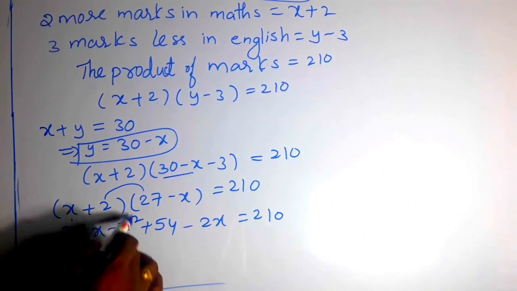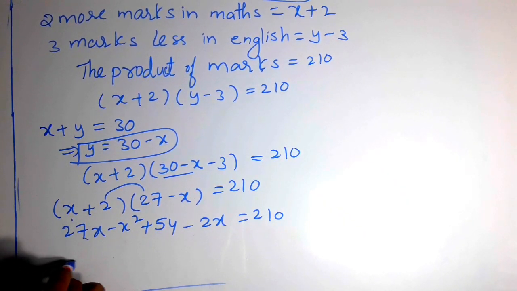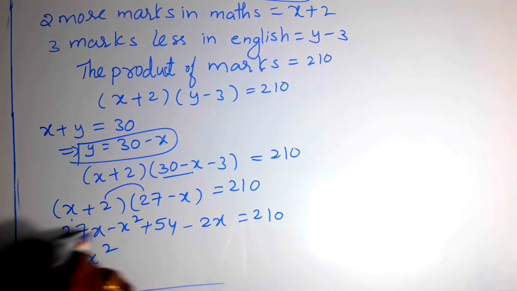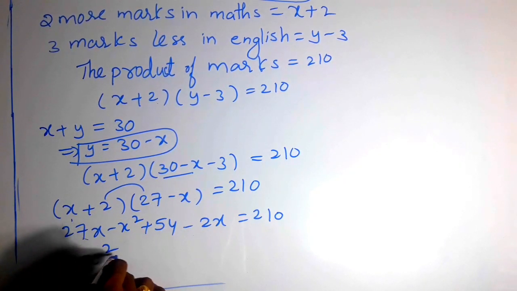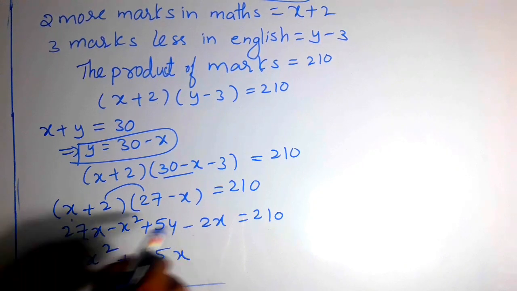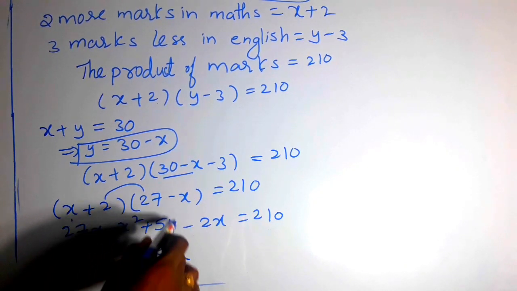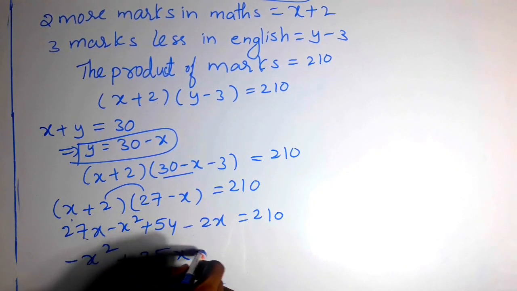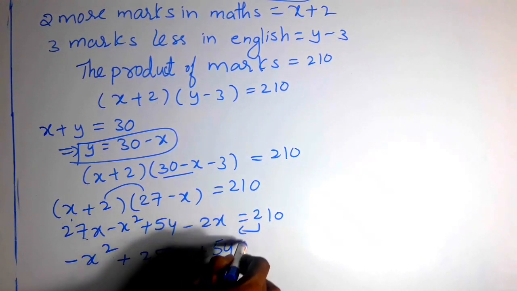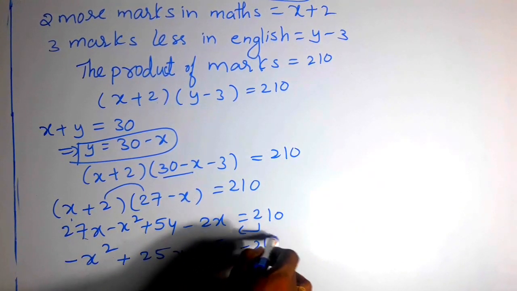Now here minus x square, 27x minus 2x. So that is nothing but plus 25x. Here 54 is there. And we bring this 210 to the left side. This is also minus 210 is equal to 0.